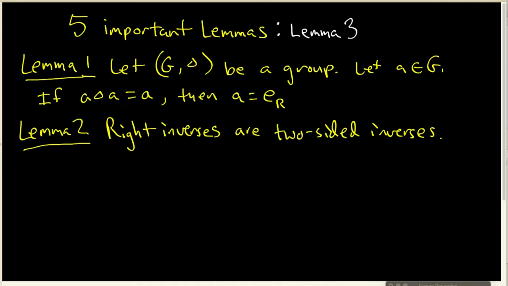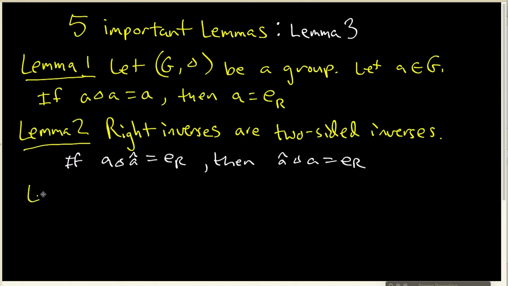In other words, if we have A triangle with A hat is equal to ER, then we also know that A hat triangled with A is equal to ER. In this particular video, we're going to prove lemma 3.